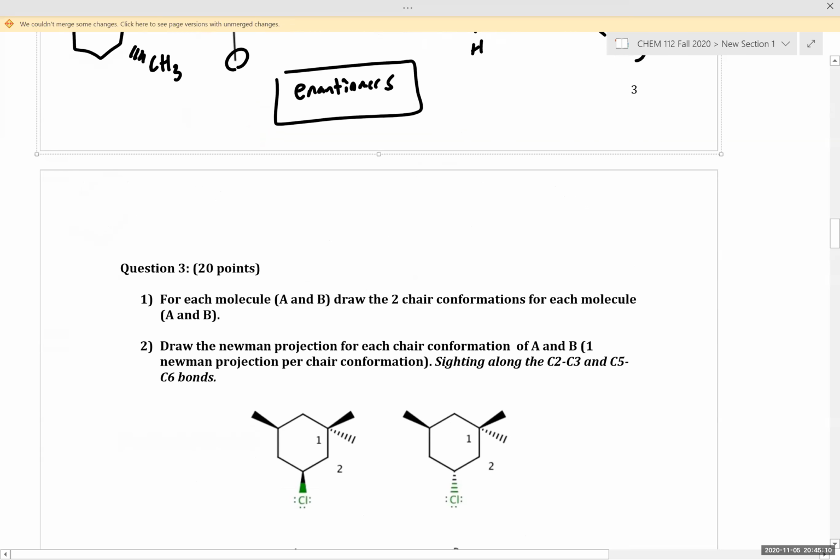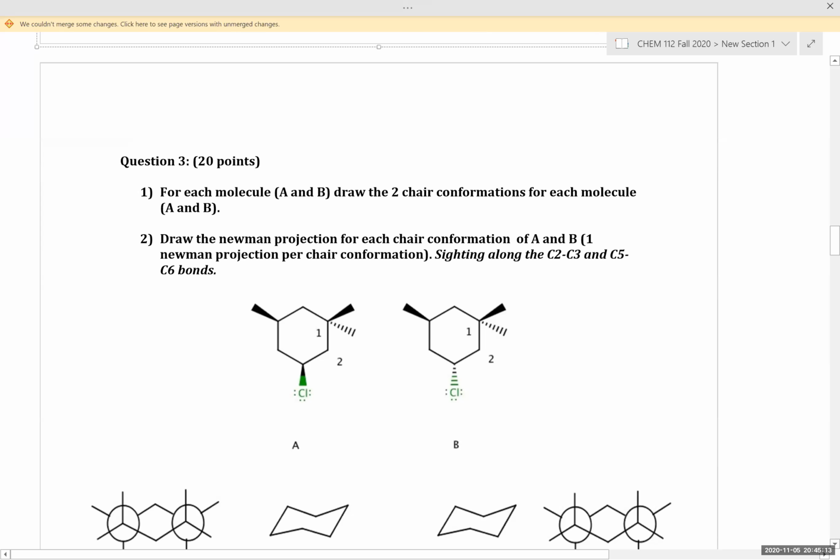Let's keep going now. In this case, for each of these pairs of molecules, we're asked to draw the two chair conformations, and we're asked to draw the Newman projection for each chair conformation of A and B, sighting along the C2, C3, and C5, C6 bonds.